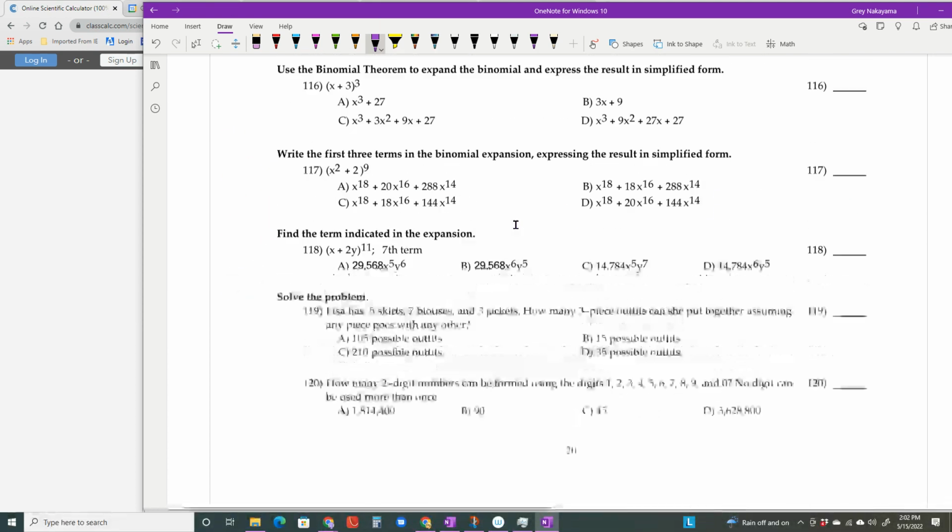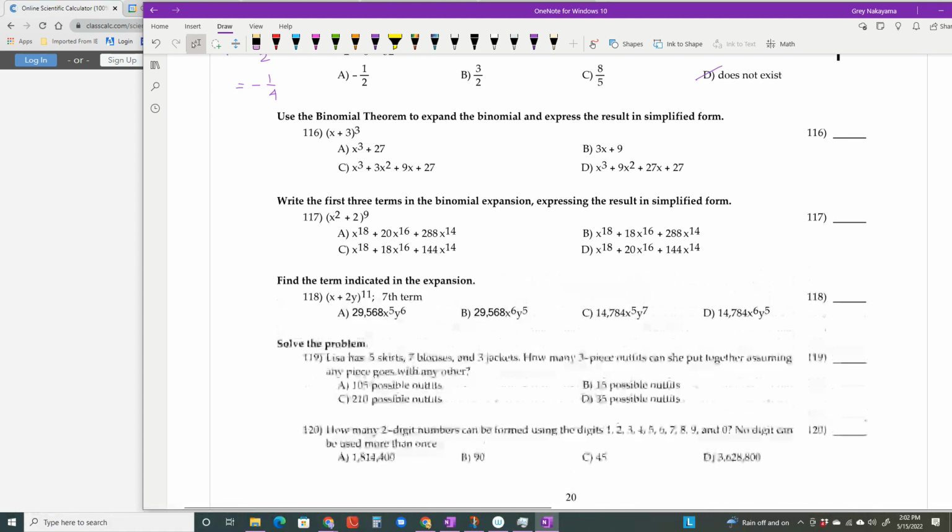All right, almost done. Binomial theorem here. On the binomial theorem, when we expand it, the easiest way was to use Pascal's triangle. And we want the row that has the second number of 3. So it looks like this.